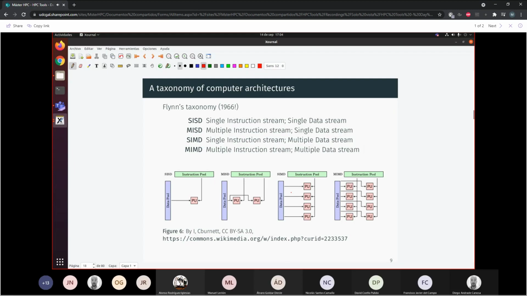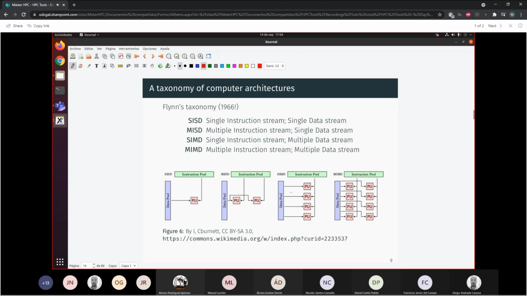This was announced in 1966, probably before any parallel computer even existed. The idea of Flynn's taxonomy is that he thought about all the possibilities that there could be by combining different types of parallelism.